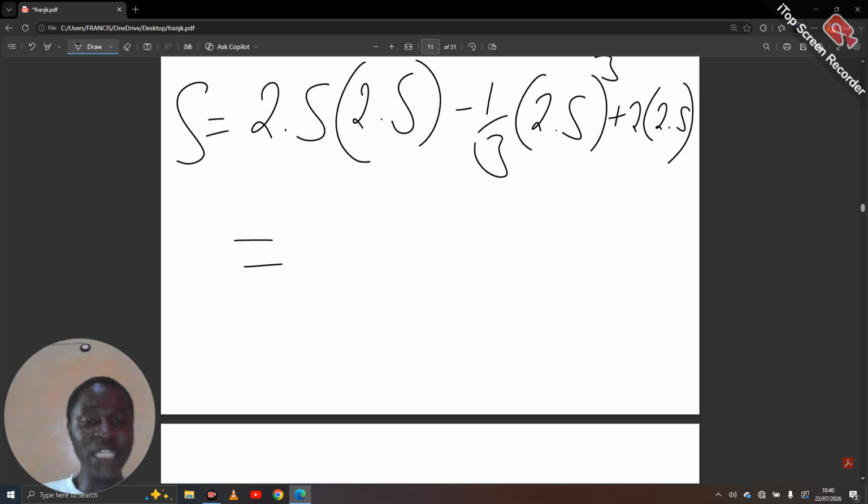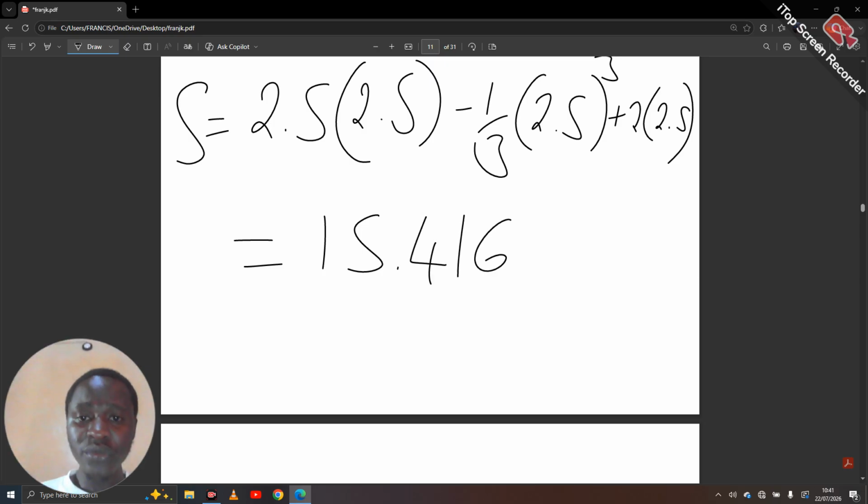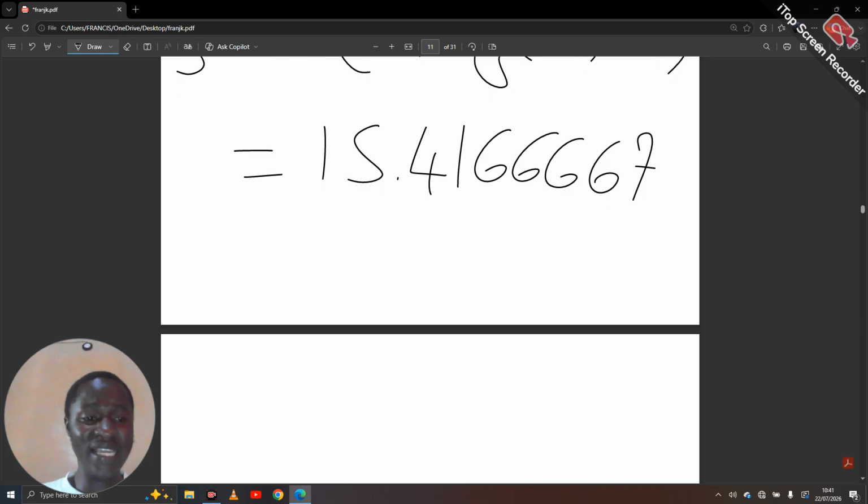Having this, remember, no matter how long that answer is, write it the way it is. Then later you will come to round it off, or maybe to truncate it. You only do this when the question doesn't specify to how many significant or decimal places you should leave your answer.